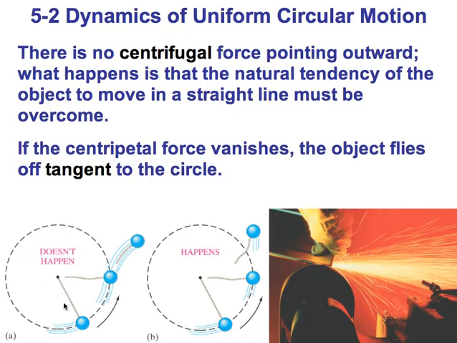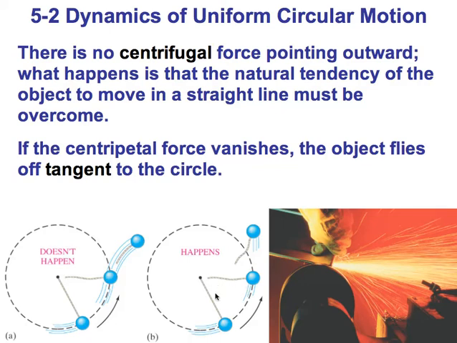Well, what if this string were to suddenly break? What would happen? As soon as we no longer have that centripetal force, we would start moving in a straight line. Remember, to move along a curved path, something has to be accelerating you and changing your direction.